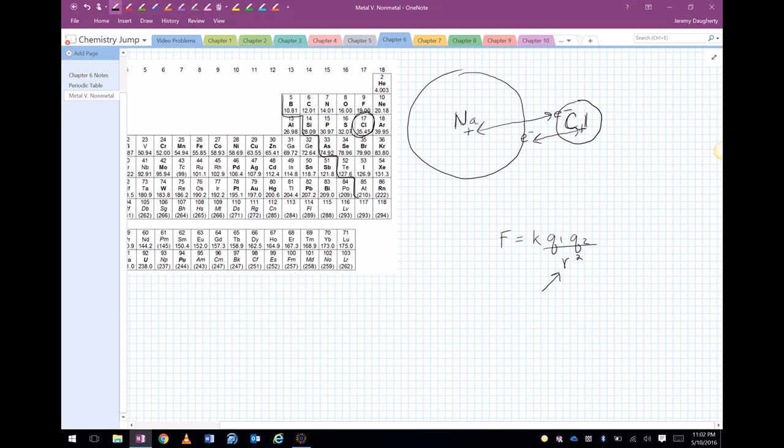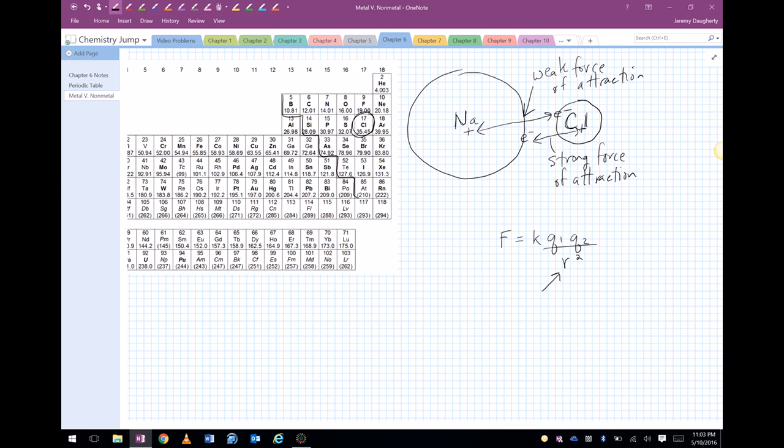So chlorine, look at how close chlorine's protons are to sodium's electrons. That's a strong force of attraction right there. Then look at this. That is a weak force of attraction, relatively speaking. So remember what the note said. The note said metals tend to lose electrons to nonmetals.